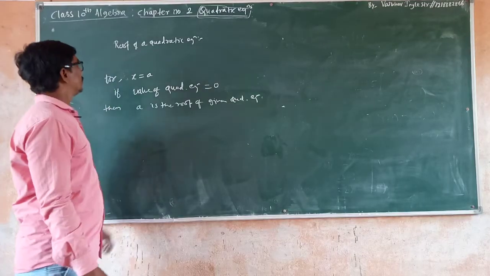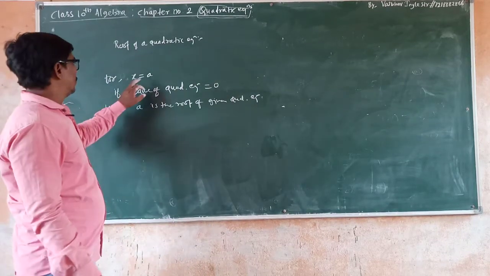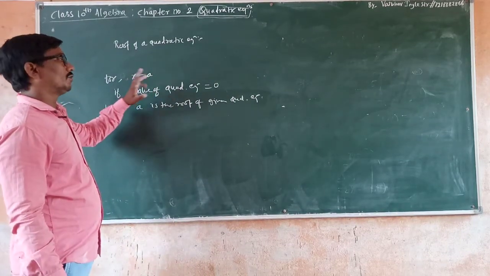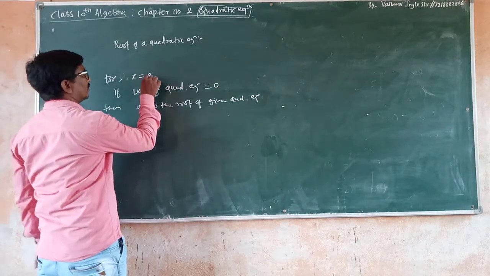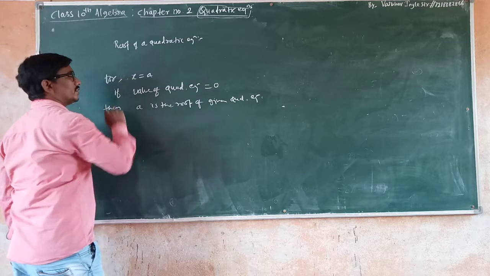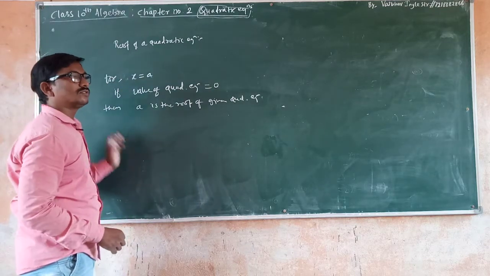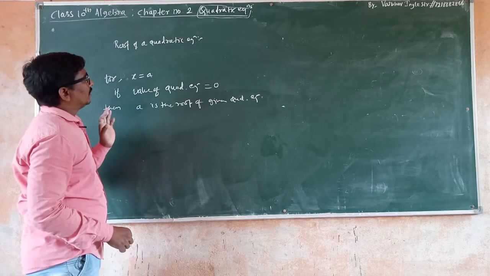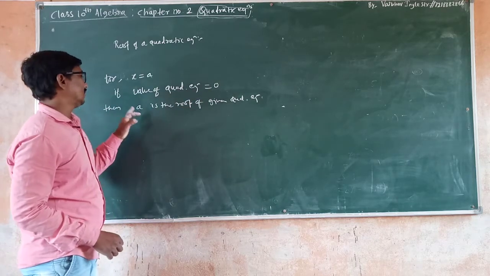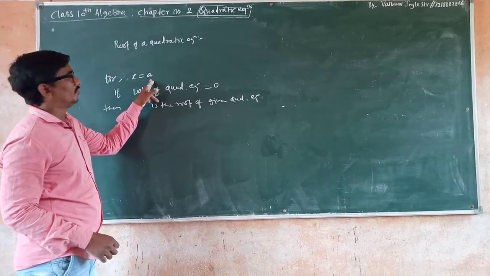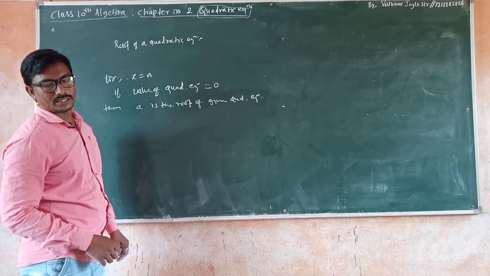What you have to do to check whether the given value is a root of the quadratic equation or not is just put the value at the place of x in the quadratic equation and solve it. If the value of the quadratic equation becomes 0, then that value is the root of the given quadratic equation.